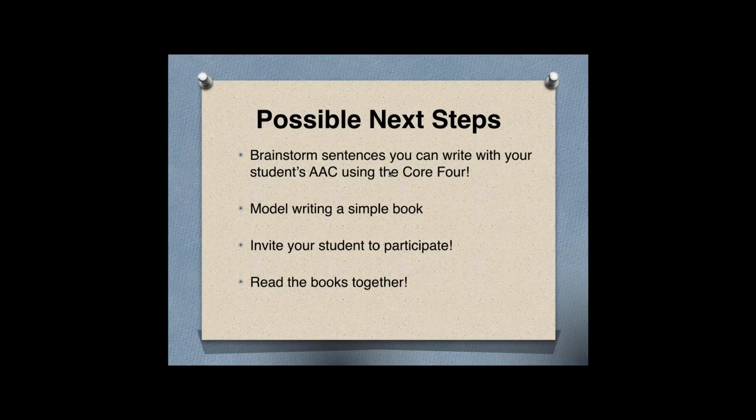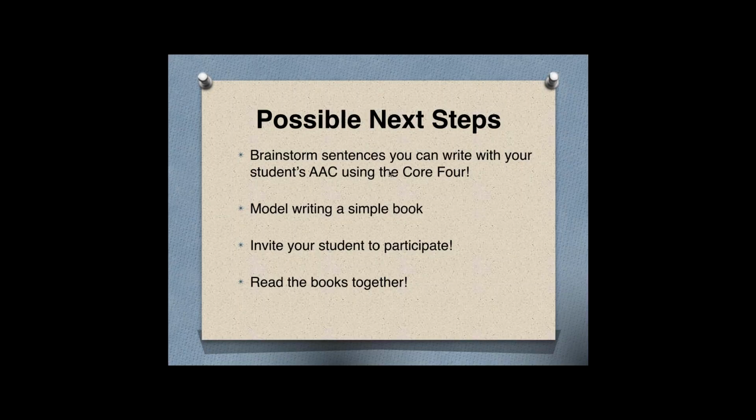All right, so possible next steps: do be brainstorming sentences that you can do this shared writing with using your student's communication system. You can use the core 4 that we've talked about, and you'll see there's already so many ways we can combine and recombine those 4 words, or those 8 words that we've covered so far. But this is really where we get to start getting into categories, because we're not just hoping that our kids will learn how to use 8 words here.